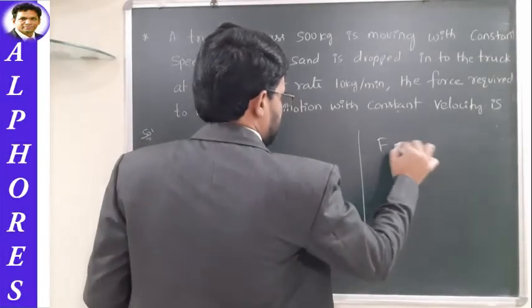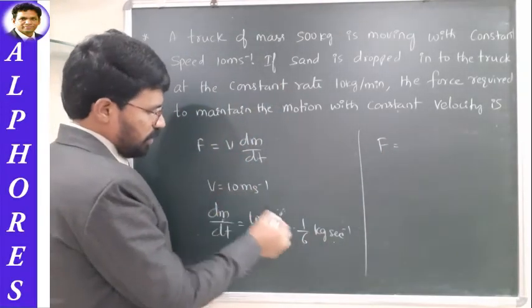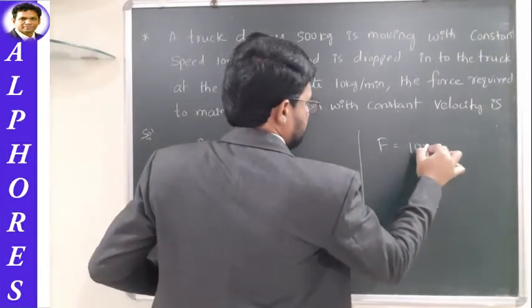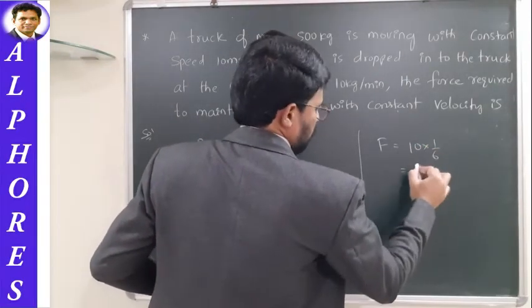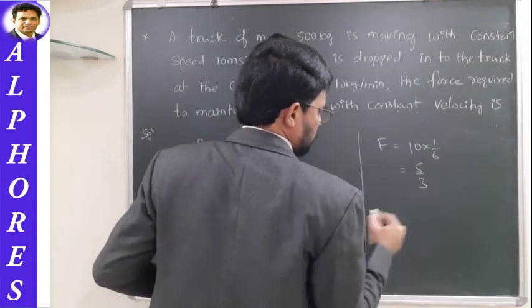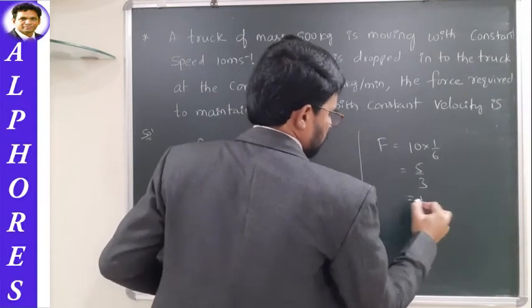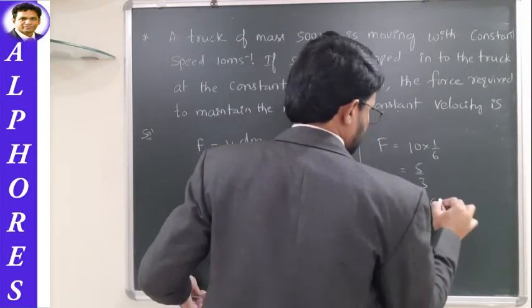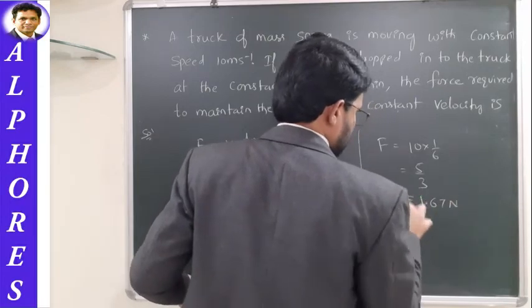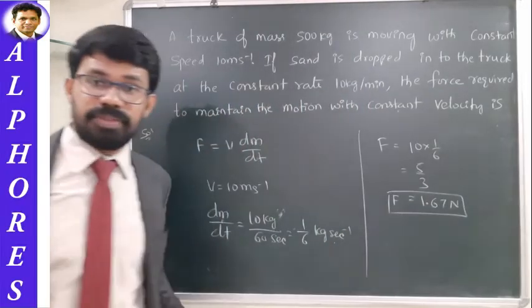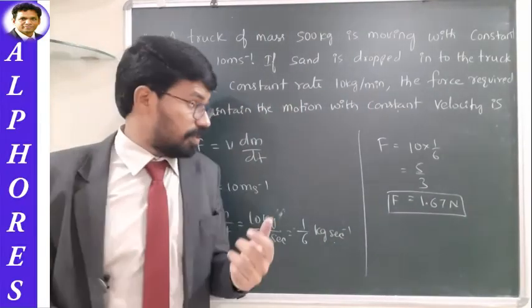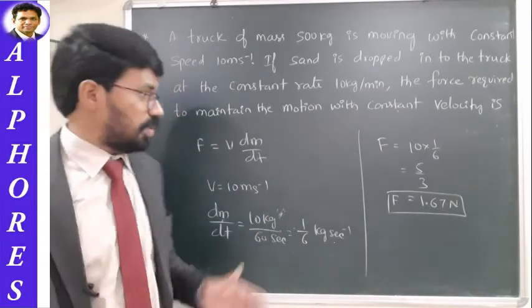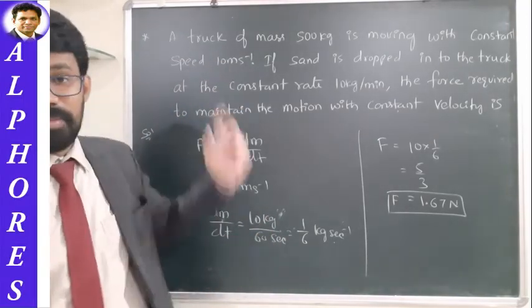Let us find out F. F is equal to v, 10 into 1 by 6, which is 5 by 3, or 1.67 newtons. So this is the extra force the truck has to exert. The truck engine has to exert it so that it can maintain a constant velocity of 10 meter per second.